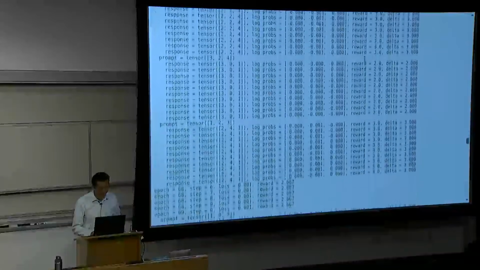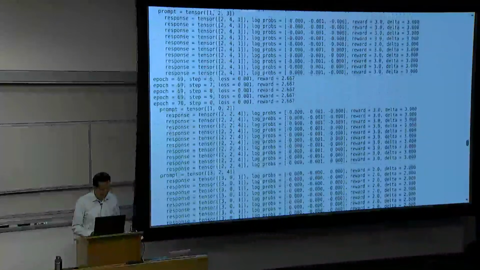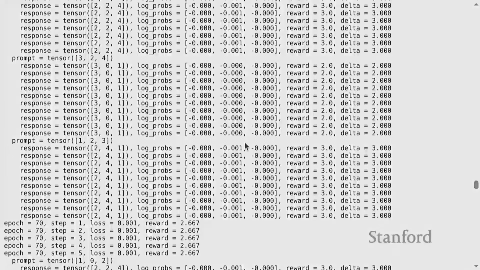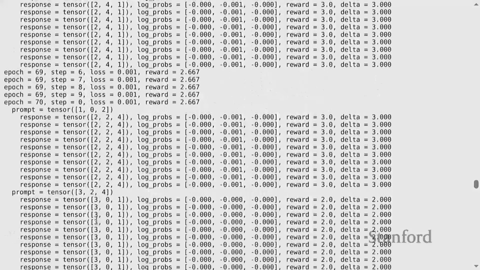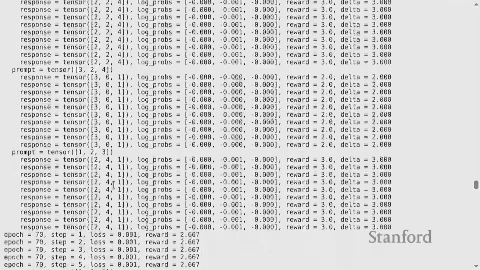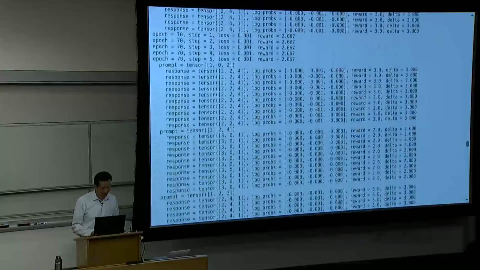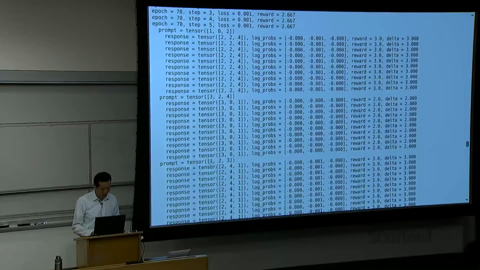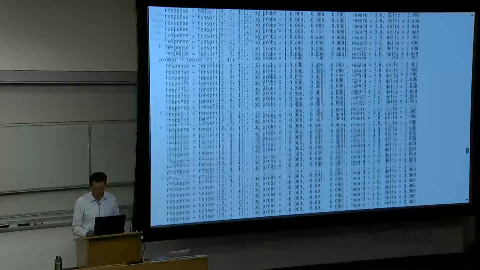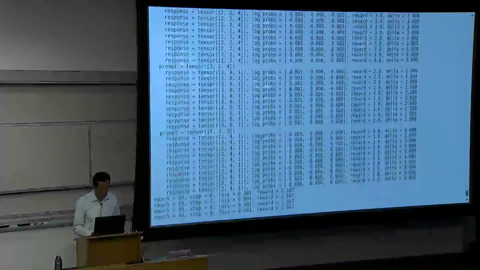Eventually you see that I'm getting reward 3, but it's not really sorting. It's producing numbers which are more or less in the prompt, but not really sorting. Let's see how it does at the end.